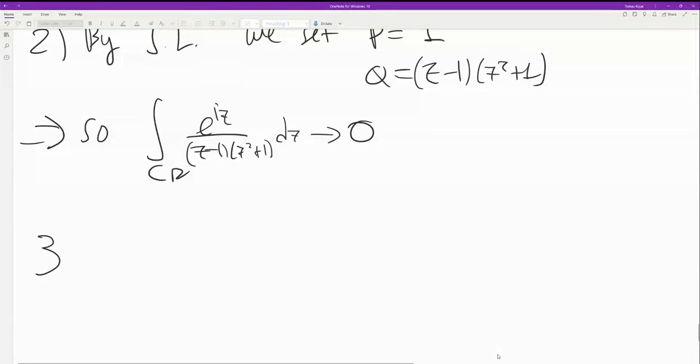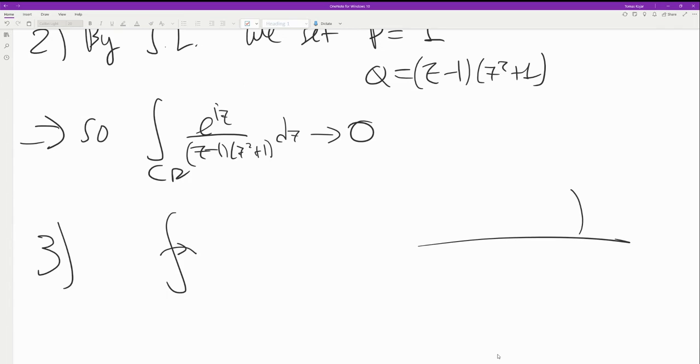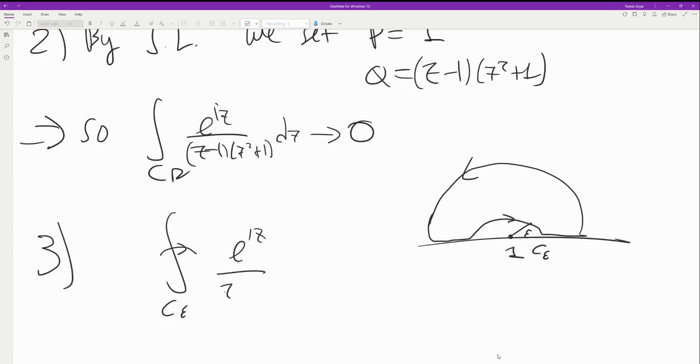And finally, we study the C epsilon integral, which, in our case, goes this way, right to left, right? So we go like this, and then right to left. So e to the i z over z minus 1, and we take the limit as epsilon goes to 0, here as R goes to infinity.